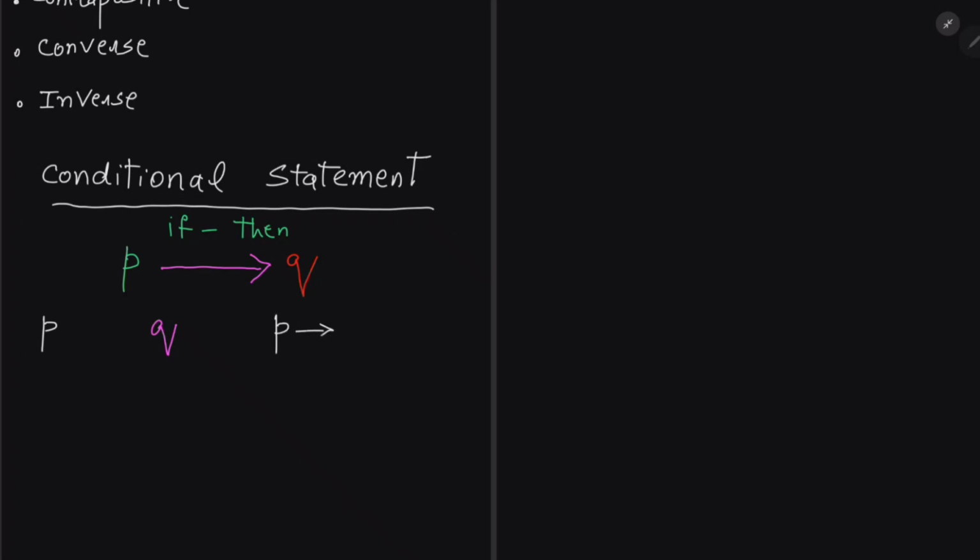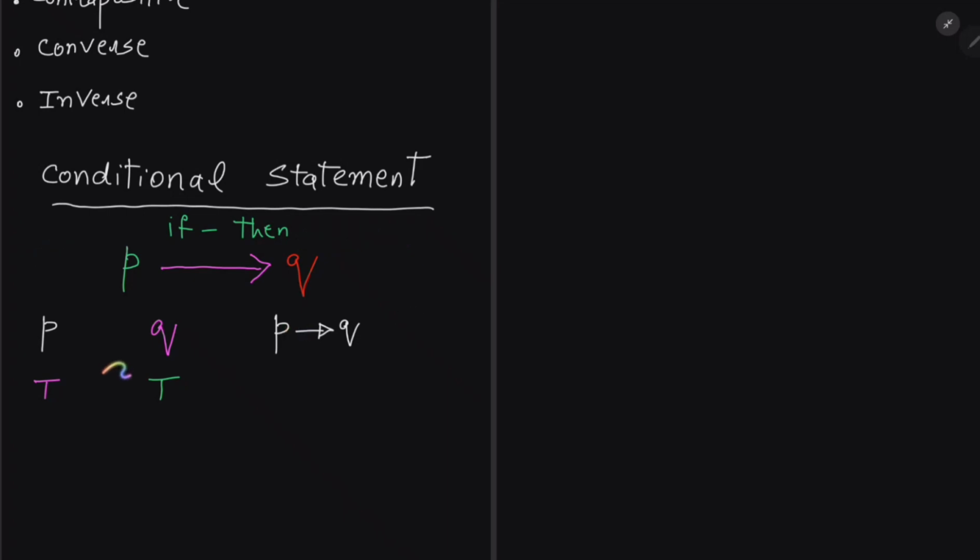P implies Q. We assume the statement P is true and the statement Q is also true. Remember that this is called hypothesis and this is called conclusion.